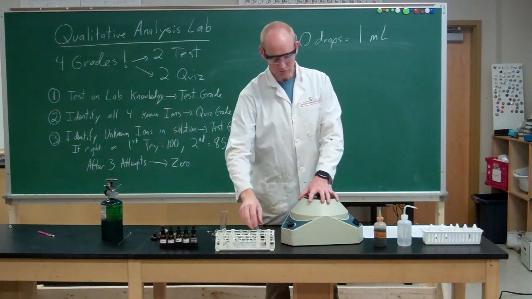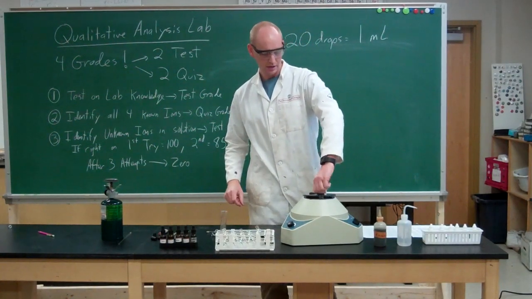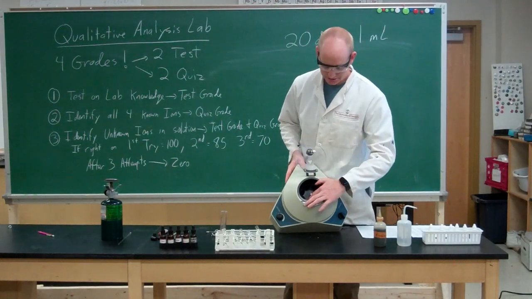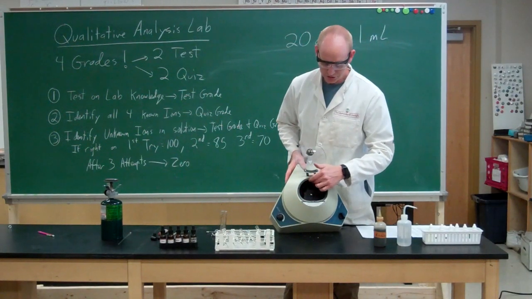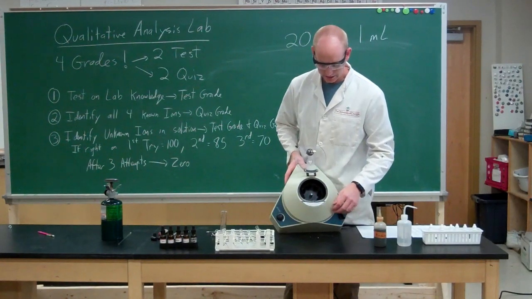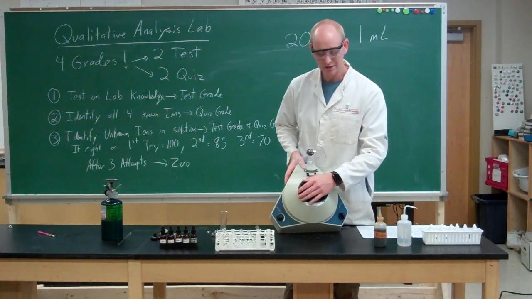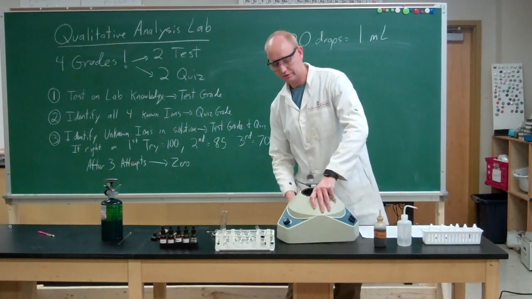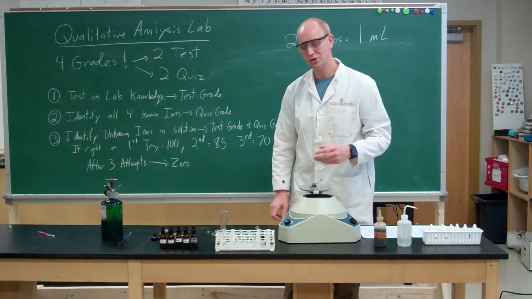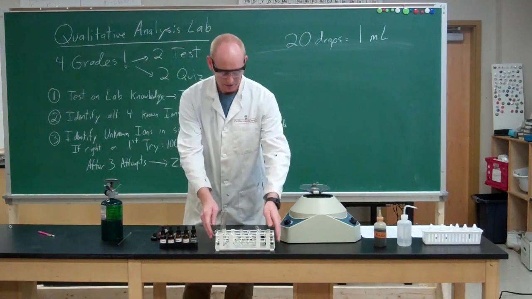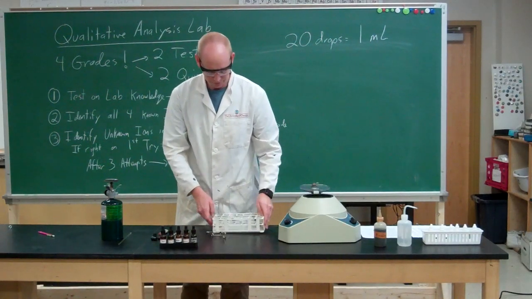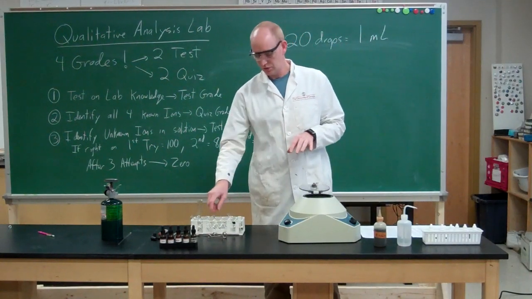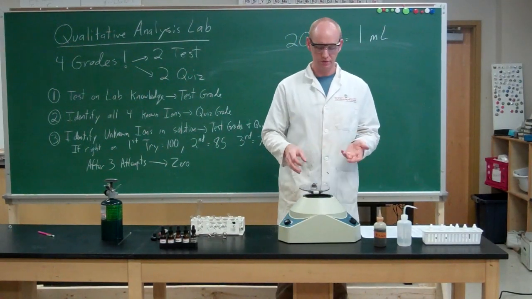centrifuge. Now, how a centrifuge works is that it has a series of 6 tubes that are evenly distributed on a motor. And if this is closed, this is going to spin really, really quick. Now, I'm going to do this incorrectly first to show you what it looks like. And then I'll do it the correct way so you can know the difference. Now, when you use a centrifuge, you have to counterbalance it.